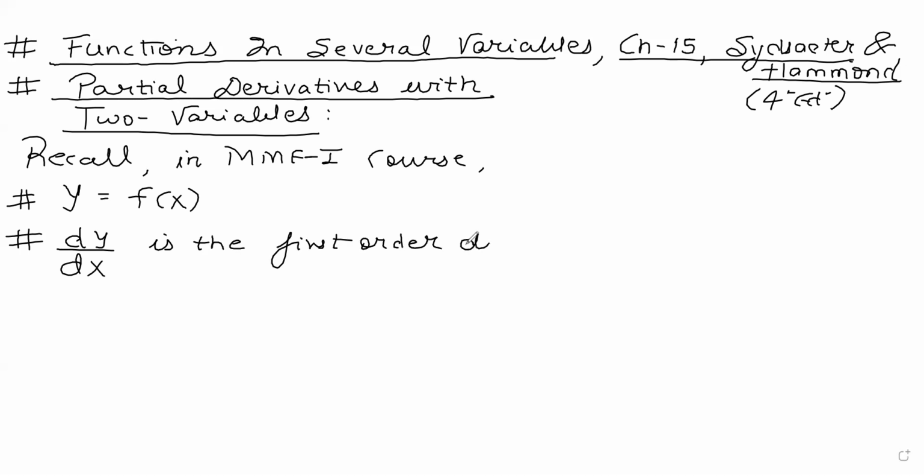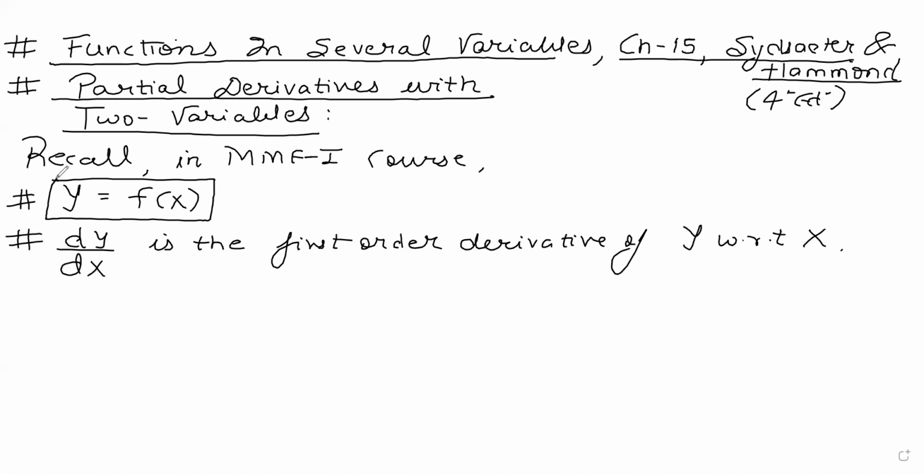Dy by dx is defined as the first order derivative of the variable y with respect to the variable x. This was what we had done in the Mathematical Methods for Economics Part 1 course when we had done single variable optimization. Now what changes in this particular topic?